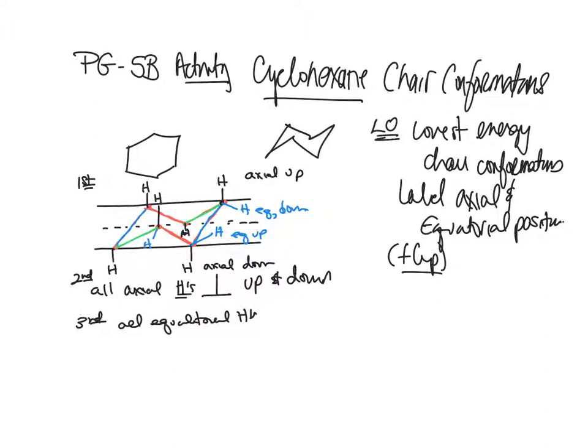Do not draw those hydrogens inside the ring on your equatorial. This is axial down, this is equatorial up, equatorial down, axial down, equatorial up. You see how I draw that outside the ring for my equatorial. So these are my equatorial. You need to be able to draw your chair conformation and label your axial and equatorial either up or down.